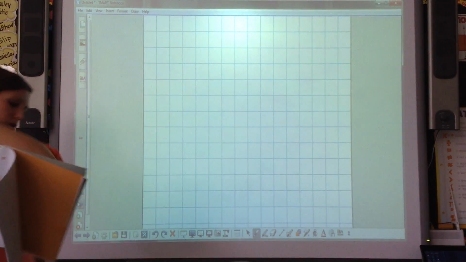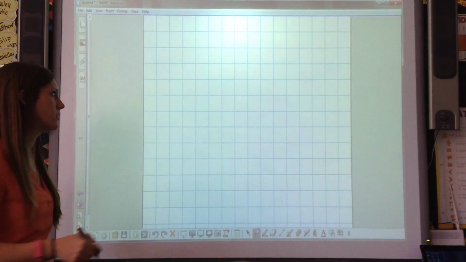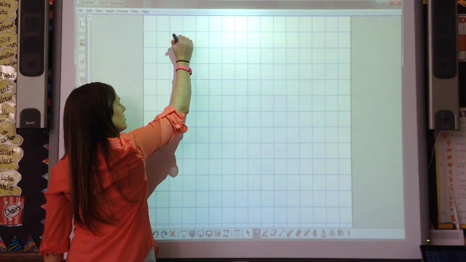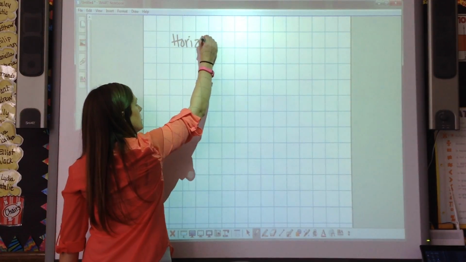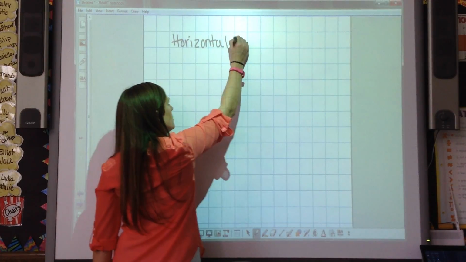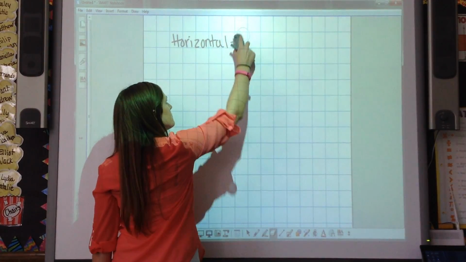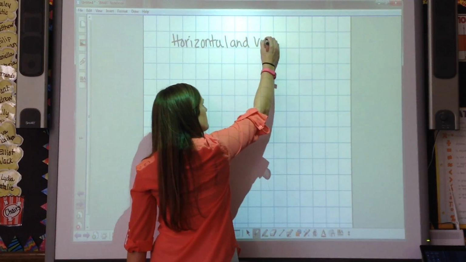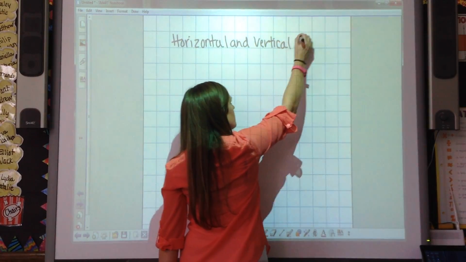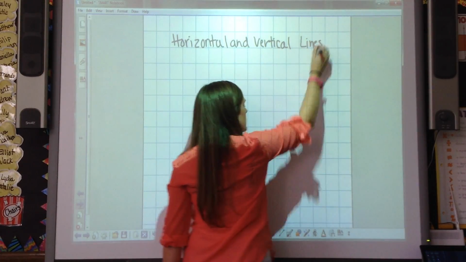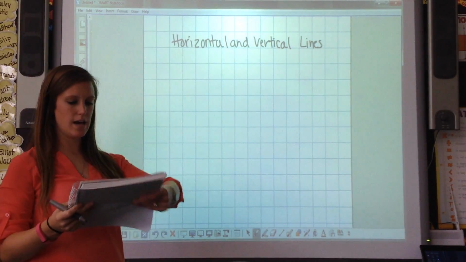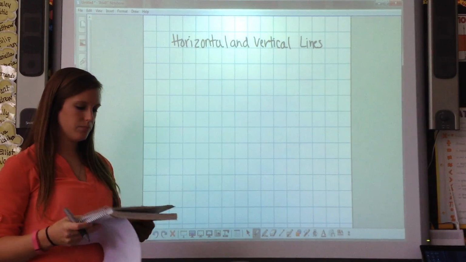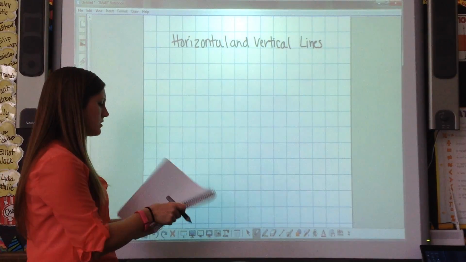Okay, the next section, we're going to be writing horizontal and vertical lines in standard form. We kind of got a glimpse of this in the last slide here. So let me remind you what standard form is.